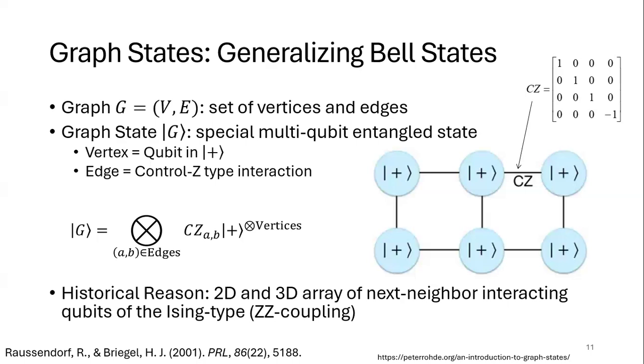So this is very common for Ising chains. They're very good models for many physical systems, and the authors were interested to see what kind of application these types of systems can have. So that's the historical reason why graph states were defined in this very specific way.